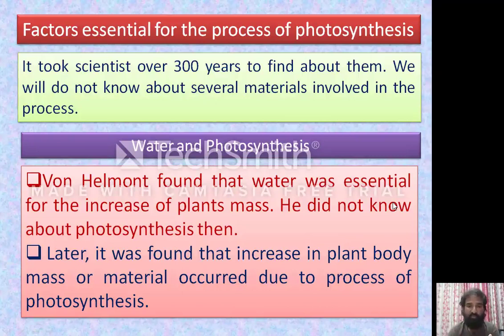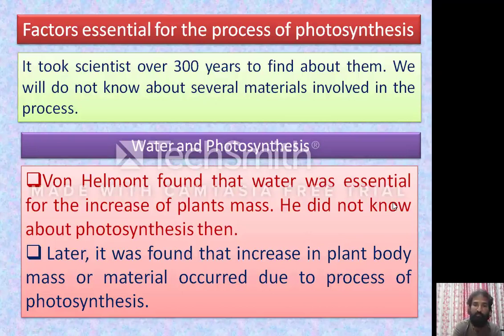After that, he put one small plant. He sowed the small plant in the soil, and he also initially weighed the plant. For example, the soil weight is 1 kg, and the plant weight is 5 grams or 10 grams. After several days, what will happen? Automatically the plant grows in the soil.